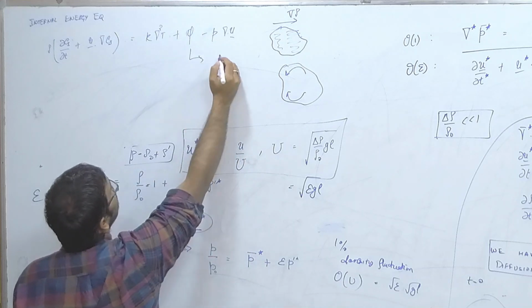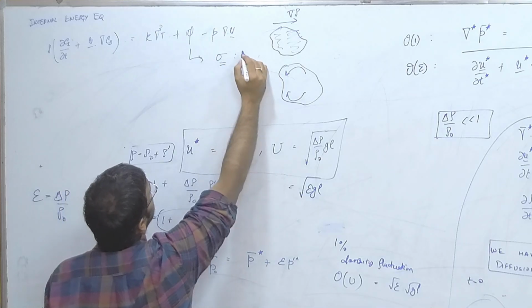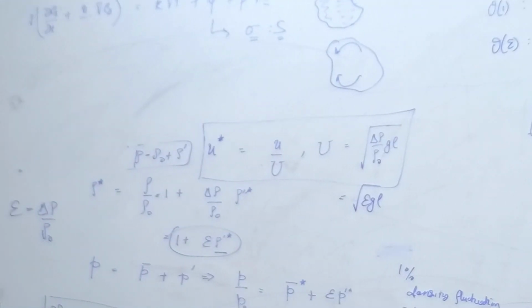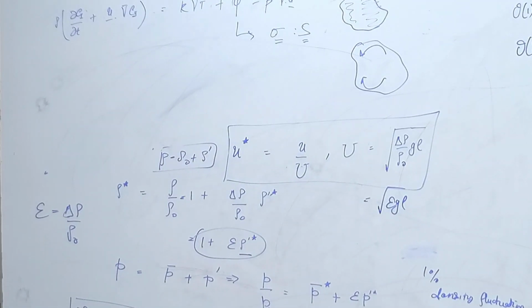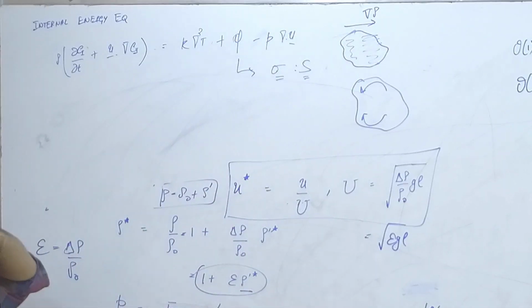And this guy was basically sigma, the viscous stress tensor, times the symmetric part of the velocity gradient. You can go back with the double dot product. You can go back to your notes and confirm this. This was our internal energy equation.